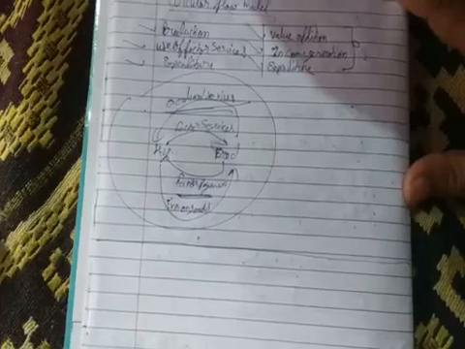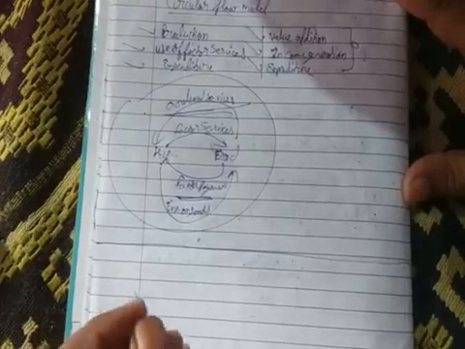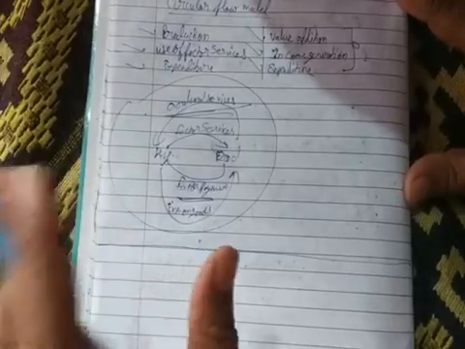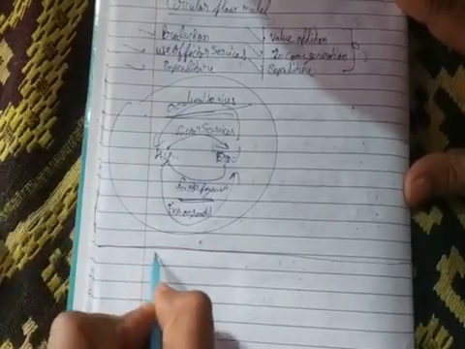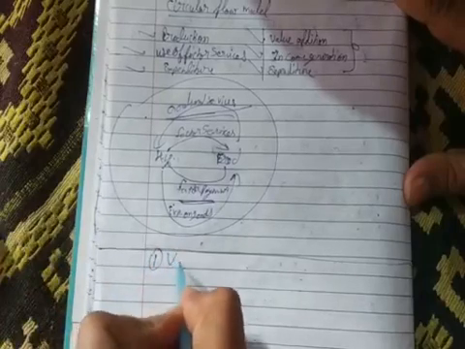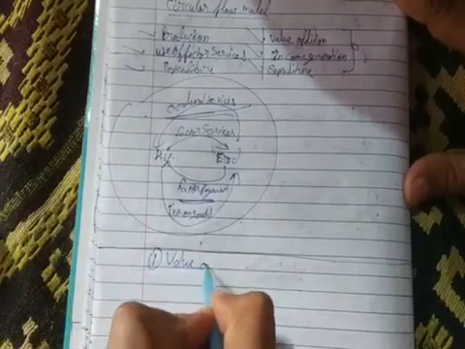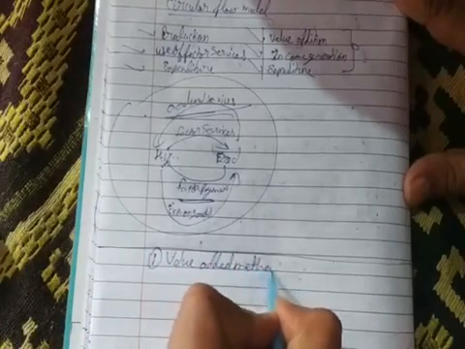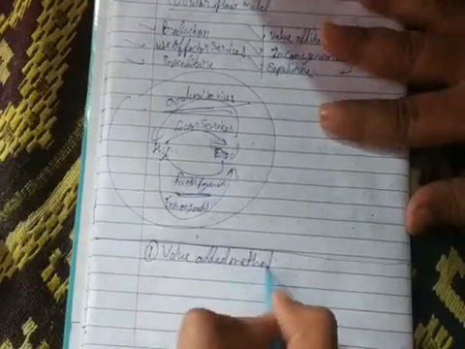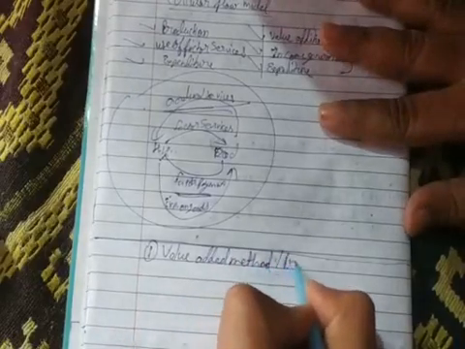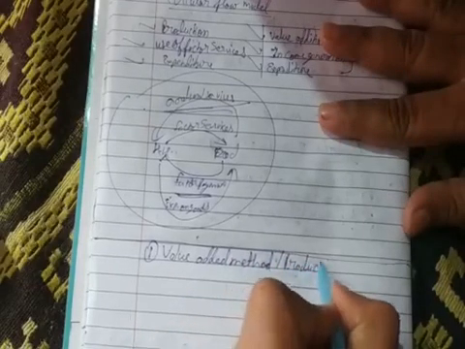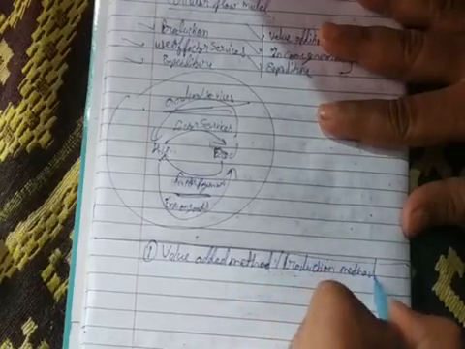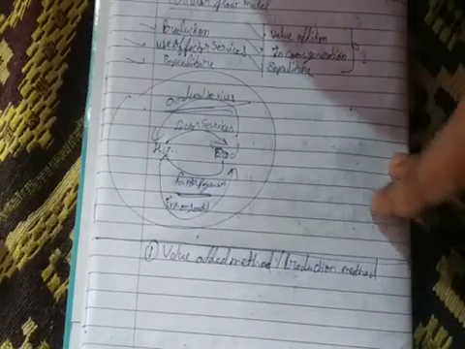When we see national income by these angles, we find that there are three methods of calculating national income. The first one is the value added method, in other words called the production method. How? That you have understood.